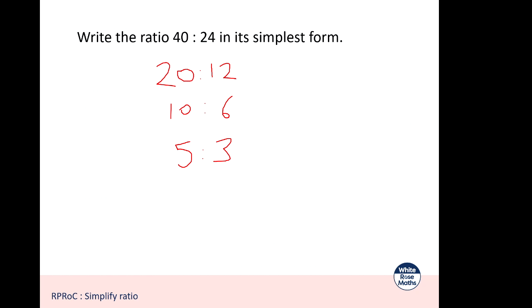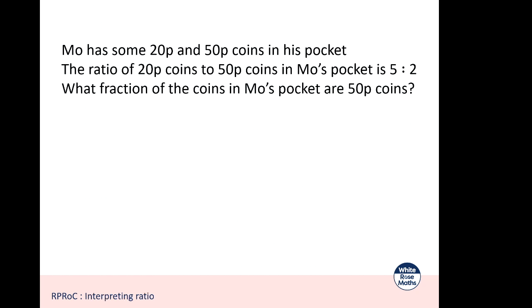Awesome. Let's move on now. Mo has some 20p coins and 50p coins in his pocket. The ratio of the 20p coins to the 50p coins in Mo's pocket is 5 to 2. What fraction of the coins in Mo's pocket are 50p coins?